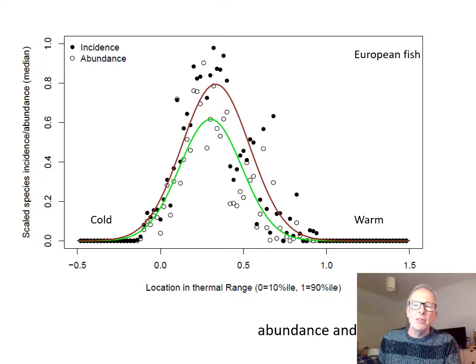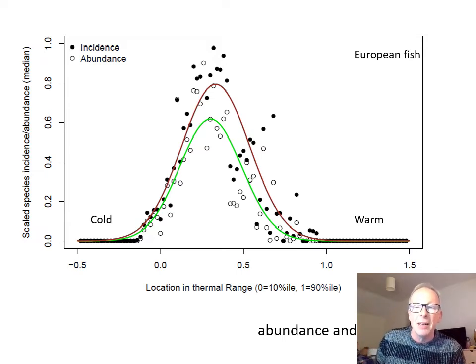We see the same sort of pattern if we look at the average abundance of species at particular parts of their distribution range. This is a plot from a recent analysis I published in Nature Climate Change in 2019. If we look across a whole range of species and express the location in which the abundance is measured relative to lower and upper limits, here the lower limit is the 10th percentile of the distribution range of the species, and the upper limit is the 90th percentile of the distribution range of temperatures.